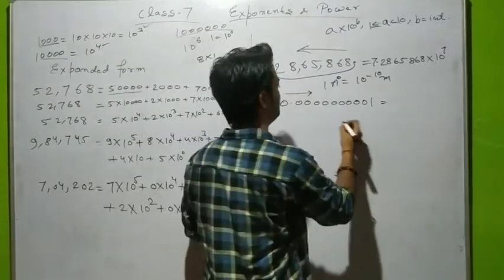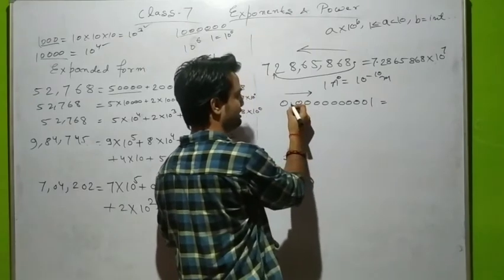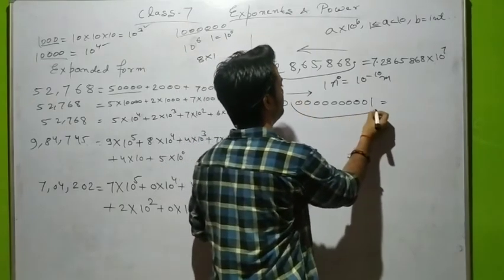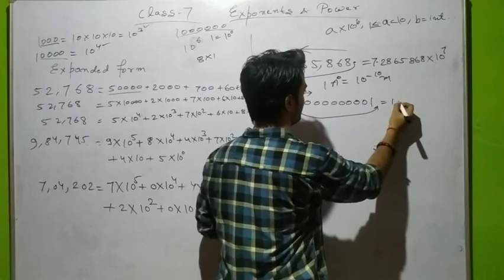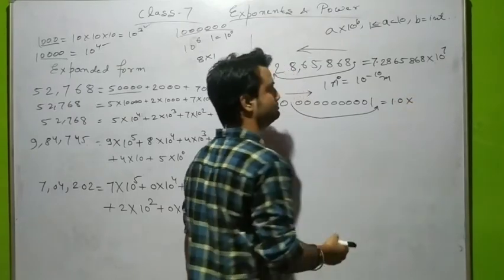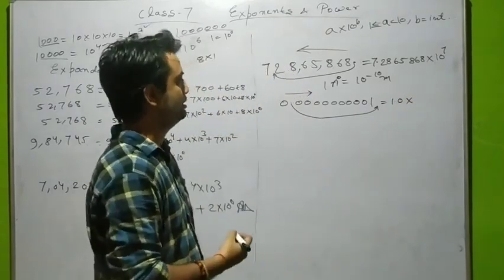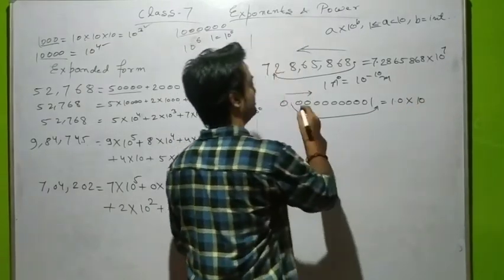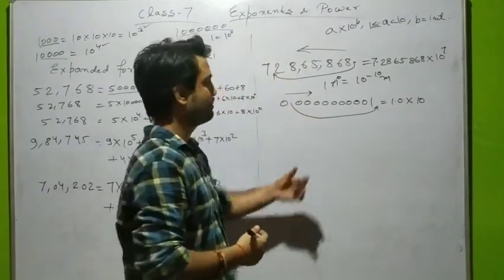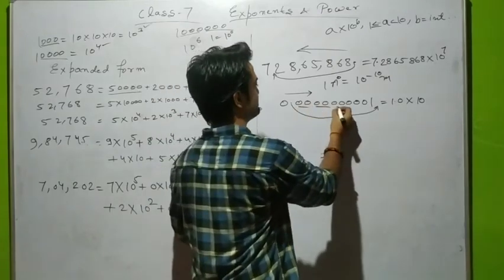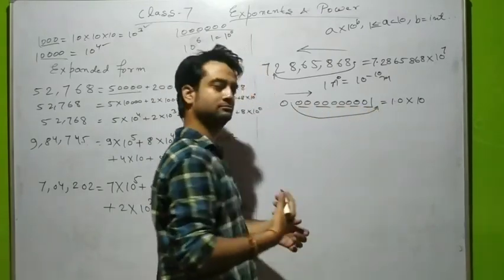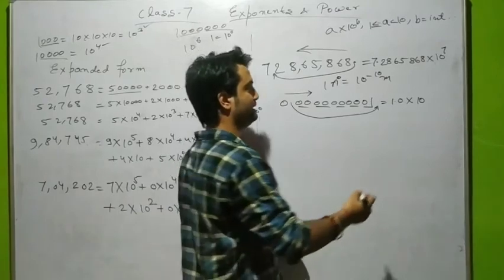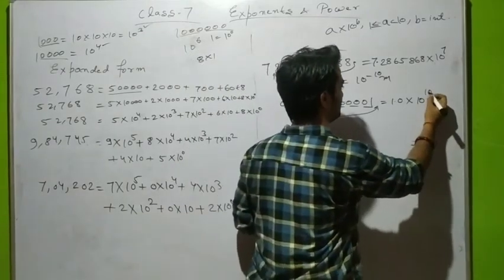So if you shift the decimal from here to after 1, it becomes 1.0, into. Now how many digits has it crossed to make this number 1? 2, 4, 6, 8, 10. So it will be 10 raised to the power 10.